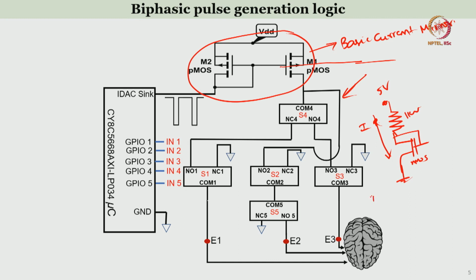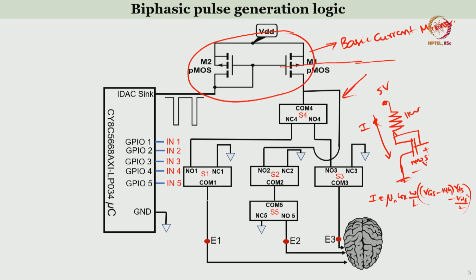Now, what is current I? This is mu n Cox W by L (VGS minus VTH) multiplied by VDS minus VDS square by 2. Of course, there will be a 1 plus something term, I am just ignoring all that. I am considering a typical current versus voltage equation, okay.